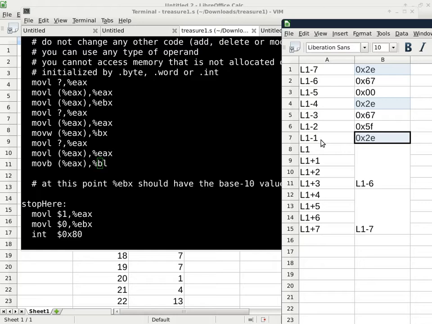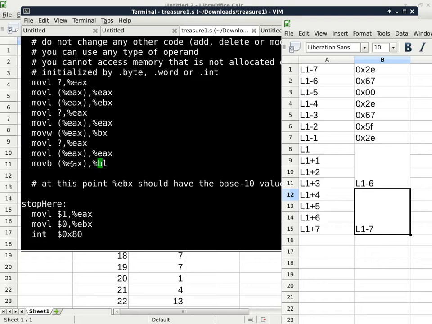And you can see right here, stored in memory is only L1 minus 6 and L1 minus 7. So that leaves us no choice but to say that L1 minus 7 has got to be the value in EAX when we load indirect EAX into BL.